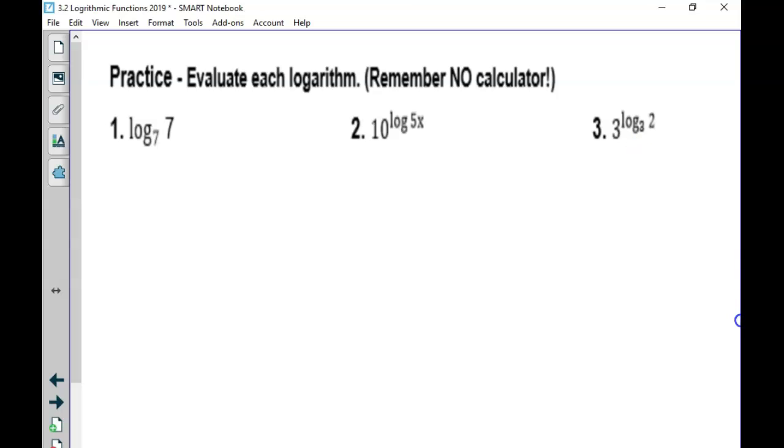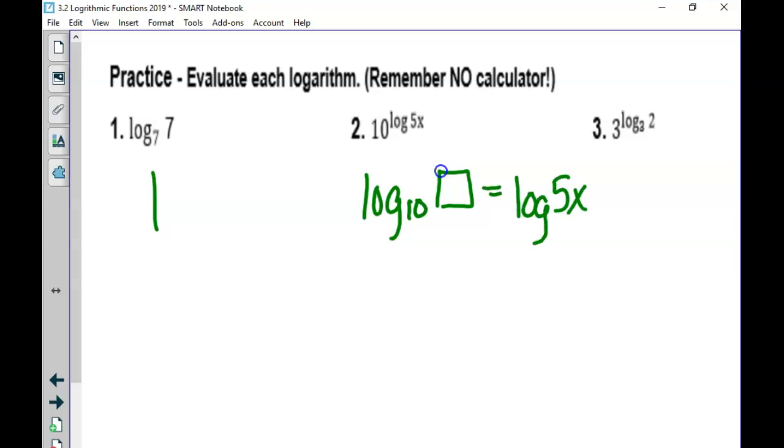Okay. Number 1, explain to me how you think of that. Yeah, 7 to what power is 7, Destiny said. Everybody think of it like that? 7 to what power is 7, so the answer is 1. Okay? What did we just talk about with this one? If I rewrote this, it would be log base 10 of something equals log of 5x.